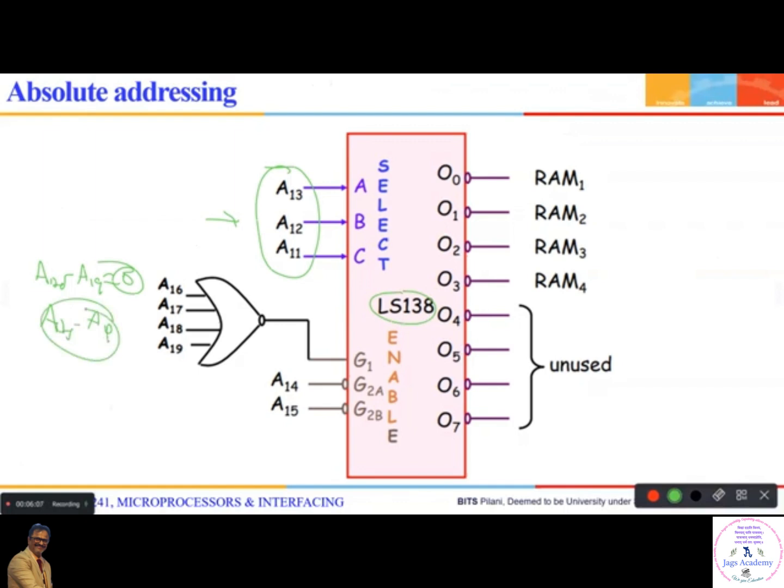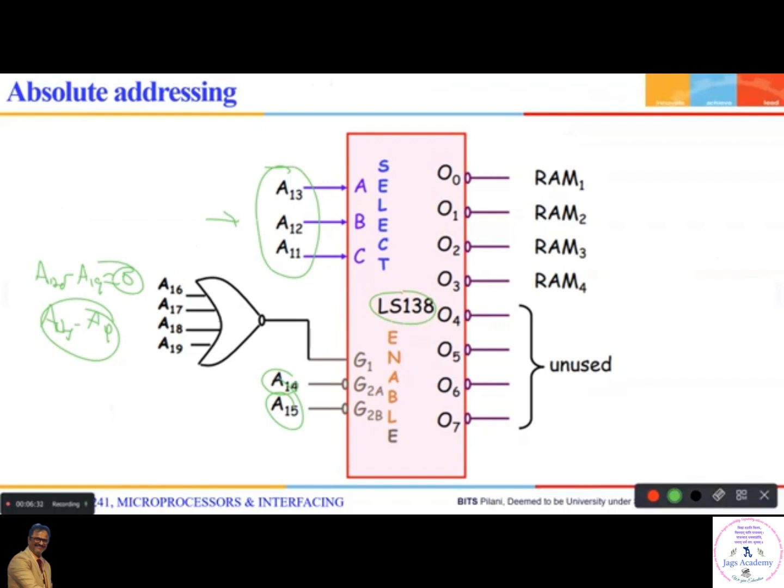These two, G2A and G2B, directly require 0. So you can connect A14 and A15 directly, because for the entire address range A14 is 0 and A15 is 0. That means this is enabled. Now you have to enable G1.